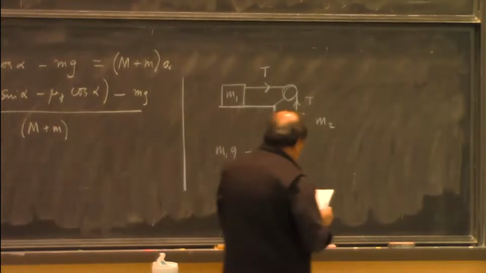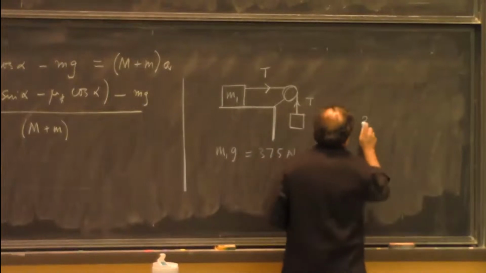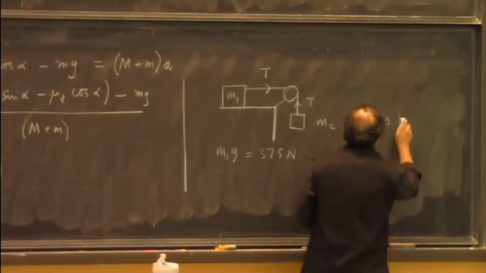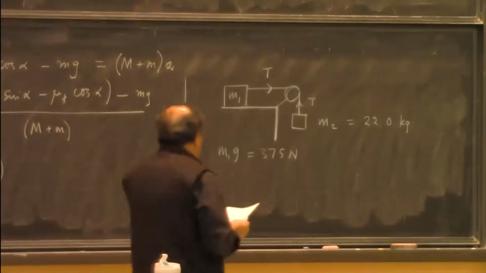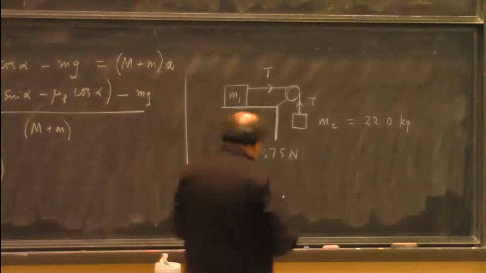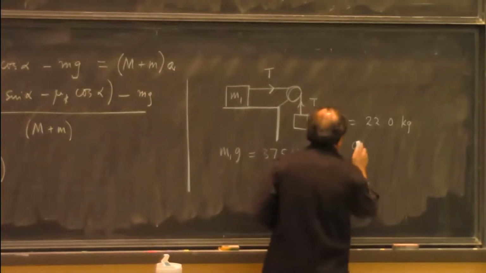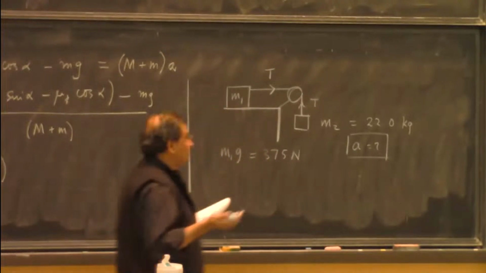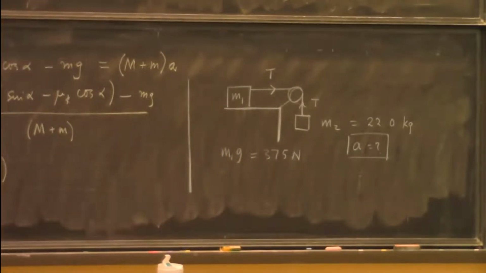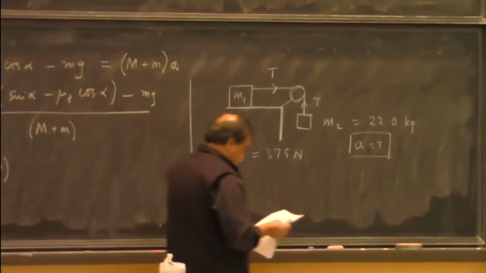Let's say M2 is given to be 22.0 kilogram. So my job is to find the acceleration of the system. What is the acceleration? I'm not being told in which way it is going. I've just been told that M1g is 375 newtons and M2 is 22.0 kilograms.